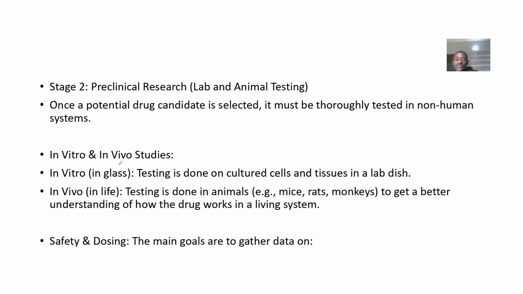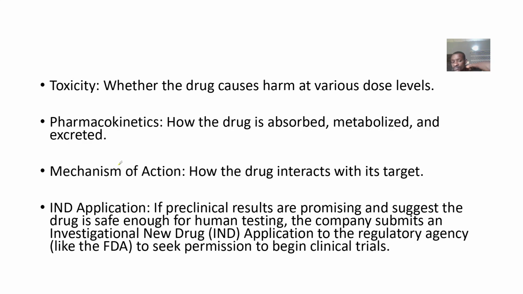In vitro, in glass, testing is done on cultured cells and tissues in the lab, while in vivo, in life, is done on animals like mice, rats, monkeys, to get a better understanding of how the drug works in a living system. At the second stage, you look out for things like toxicities, pharmacokinetics, and mechanism of action, how the drug actually works.